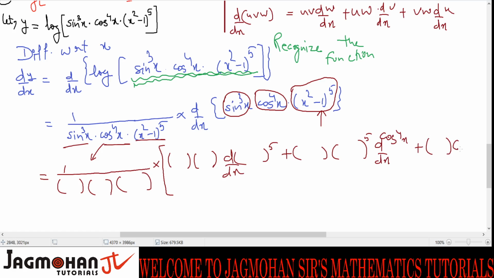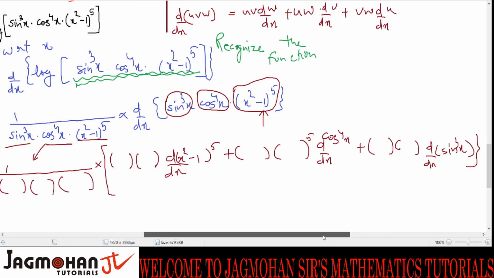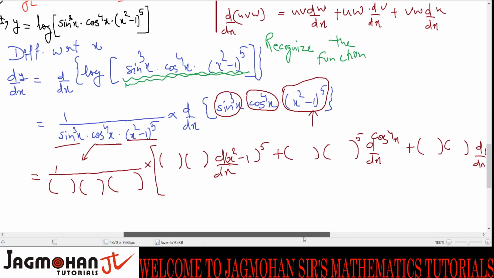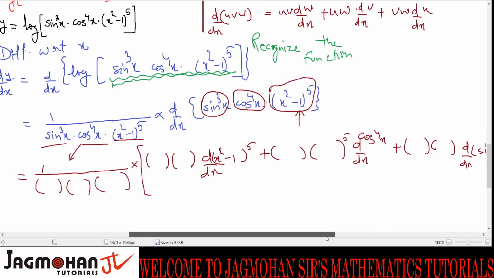Then another 2 brackets and d by dx of sine cube x, and then here you have x square minus 1. Oh, see, this is how big it gets. It is not impossible to solve this, but then why? If we can simplify it, we should simplify it.